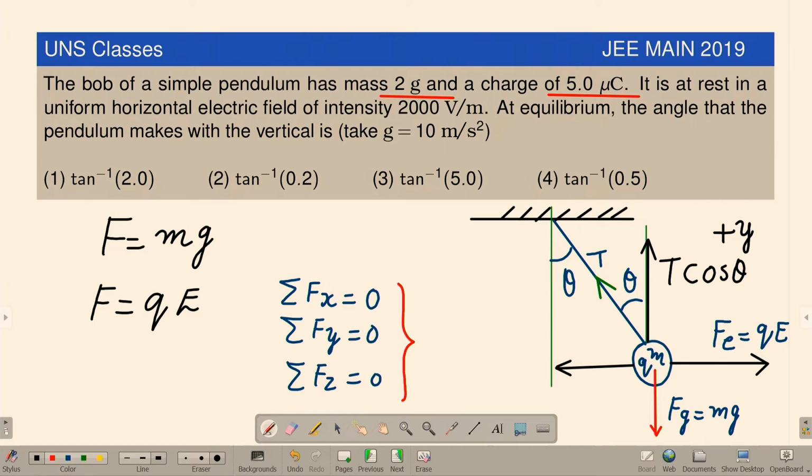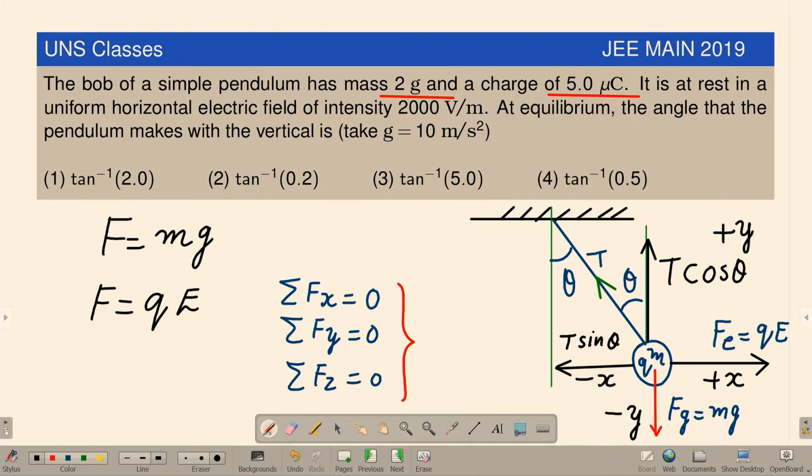Already, F equal to QE is acting in the positive x direction, and F equal to mg is acting in the minus y direction. Similarly, the T sin theta component will be acting in the minus x direction.